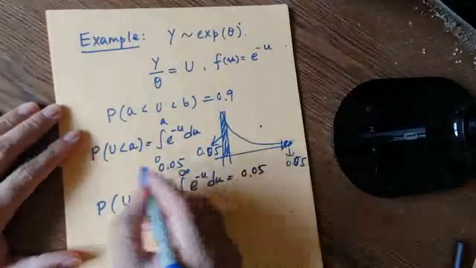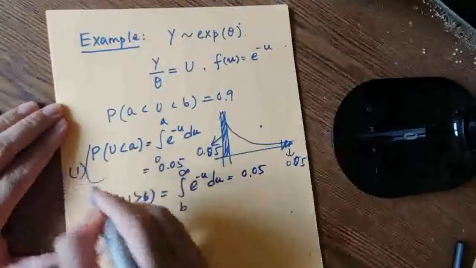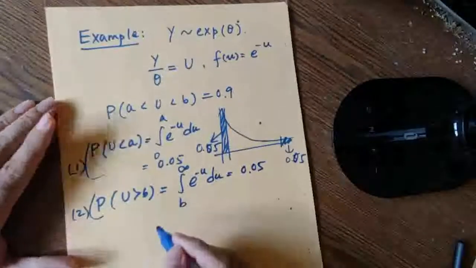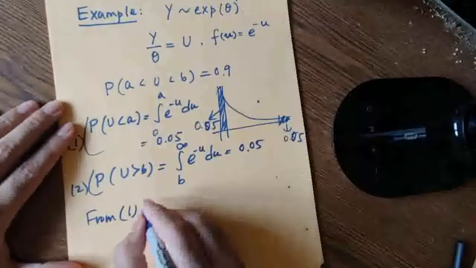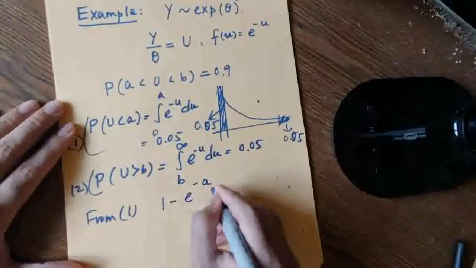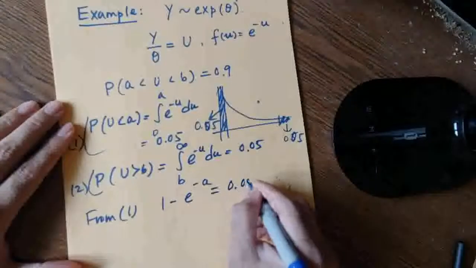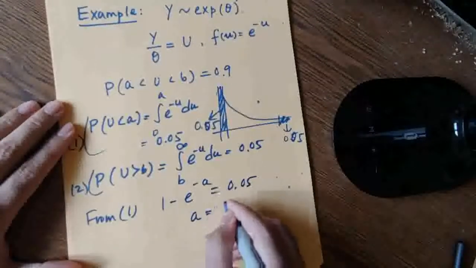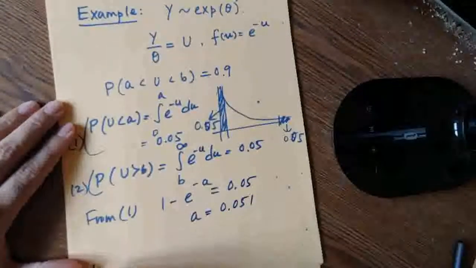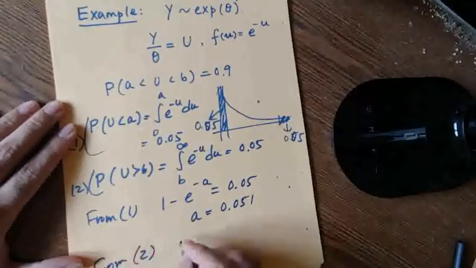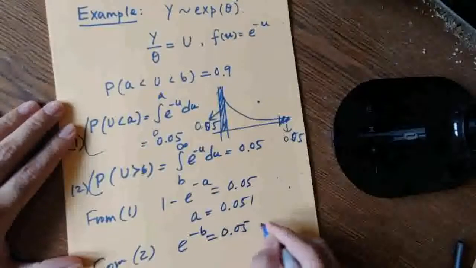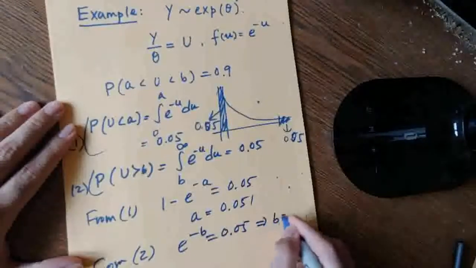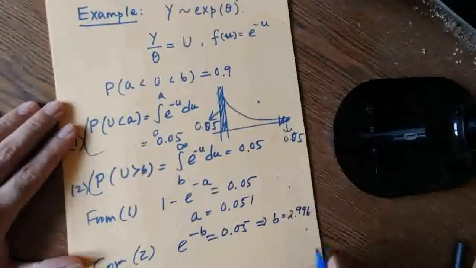This equation I'm denoting by 1, this equation I'm denoting by 2. So from 1, I can write 1 minus e to the power minus a as 0.05. A should be then 0.051. From 2, e to the power minus b equal to 0.05, which gives us b equal to 2.996.